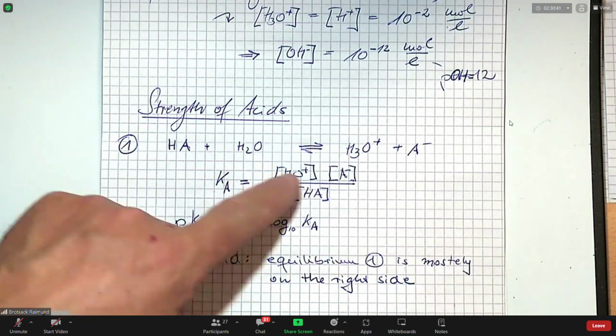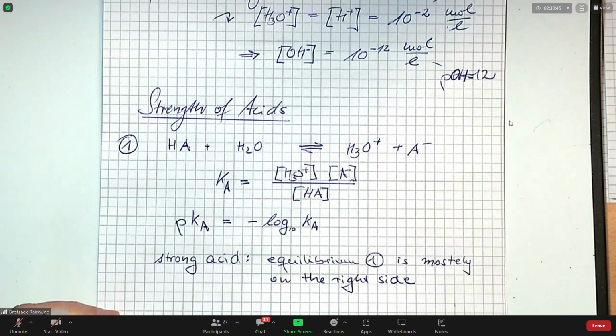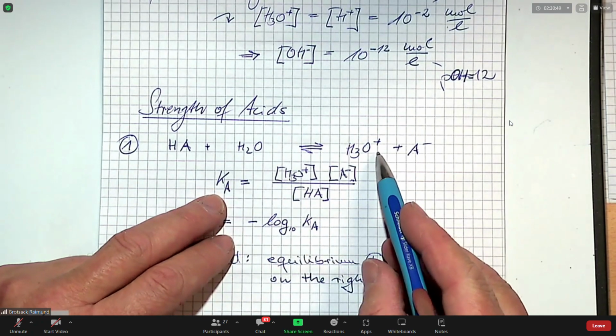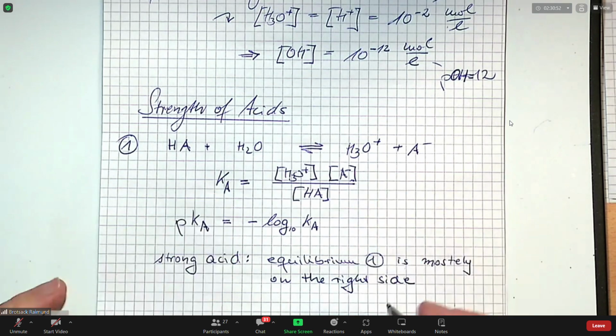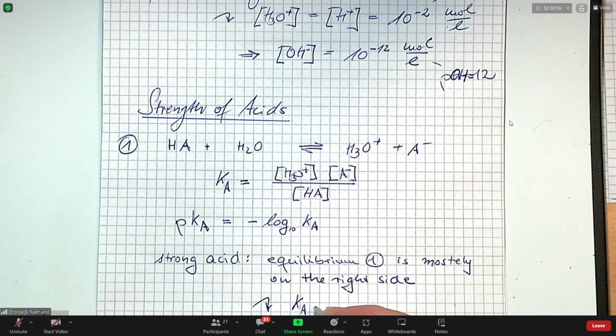Because it's a strong acid, it is mostly on the right side. What does it mean for Ka when it is mostly on the right side? Ka is big. That means Ka is high.